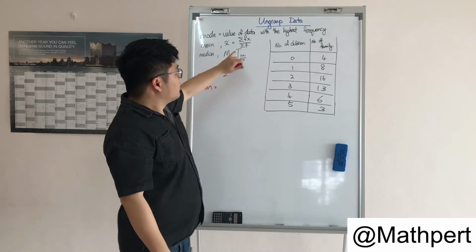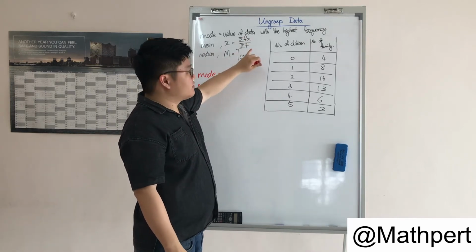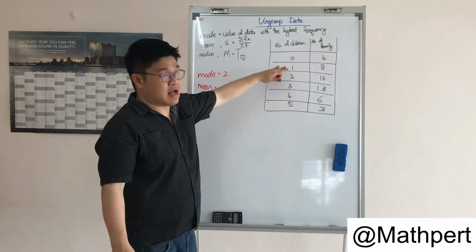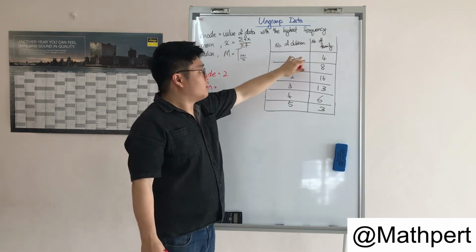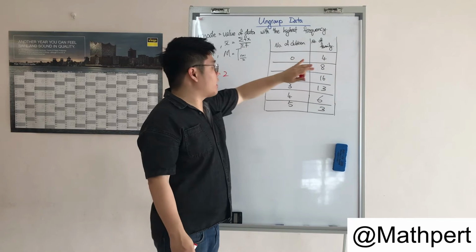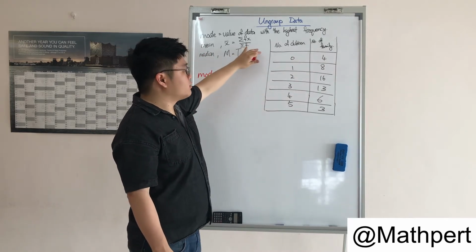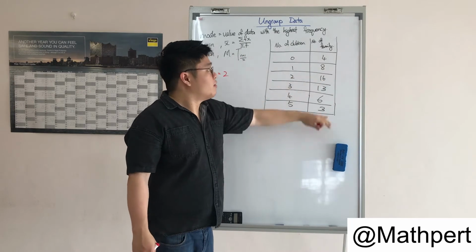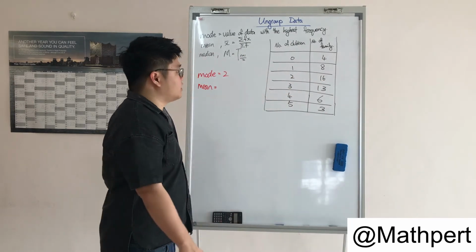Mean is the summation of fx. This is the frequency, this is the x data. So multiply this by this, over the total number of frequency, right?